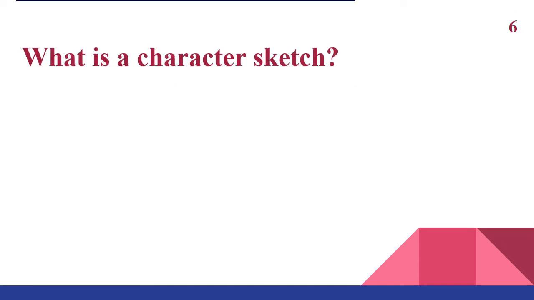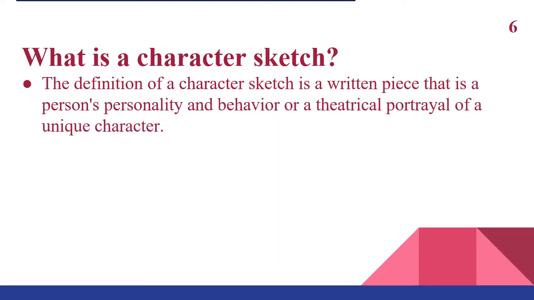What is a character sketch? The definition of a character sketch is a written piece describing a person's personality and behavior, or a theatrical portrayal of a unique character. It means what you know and understand about a character, and all that you are going to write on a piece of paper.